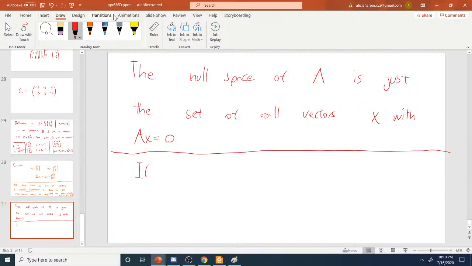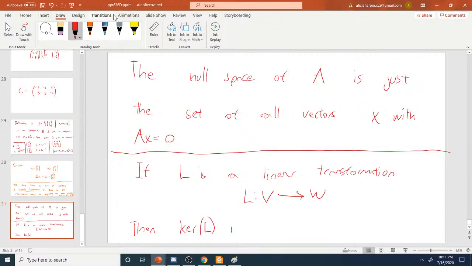So if L is a linear transformation, say L goes from a vector space V to a vector space W, then the kernel of L is the set of all vectors, little v in big V, with L of v equal to 0.